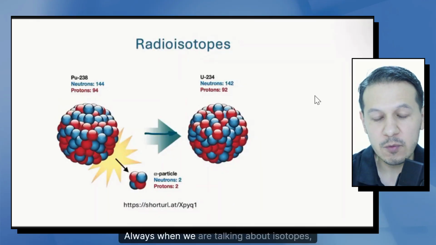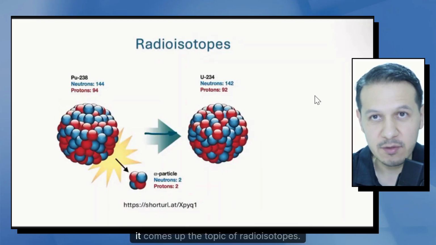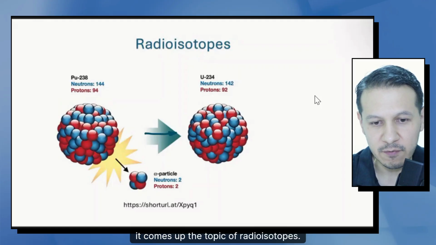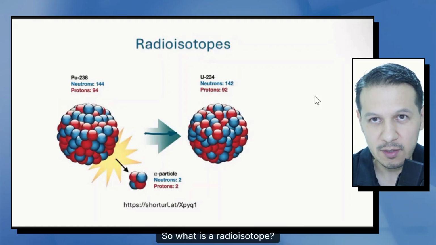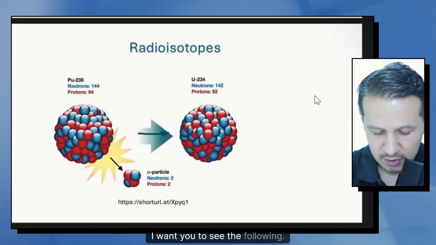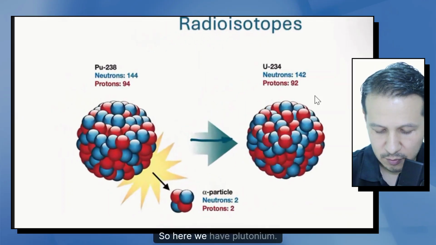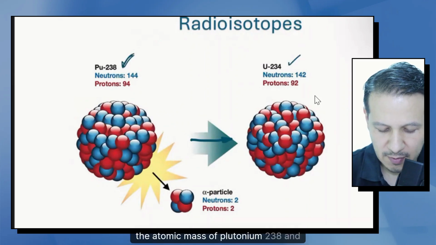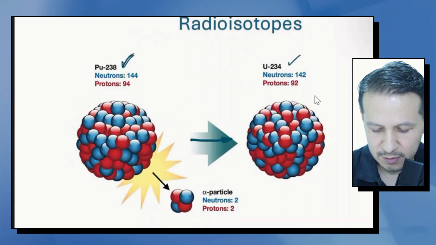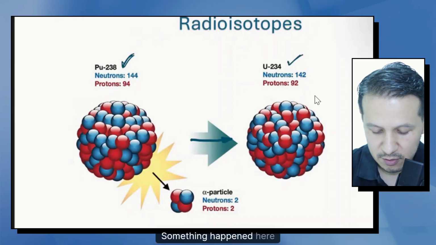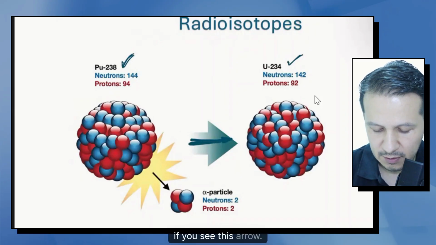Always, when we are talking about isotopes, the topic of radioisotopes comes up. So what is a radioisotope? I want you to see the following. Here we have two atoms: plutonium and uranium. The atomic mass of plutonium is 238 and uranium is 234. Something happened here, if you see this arrow.